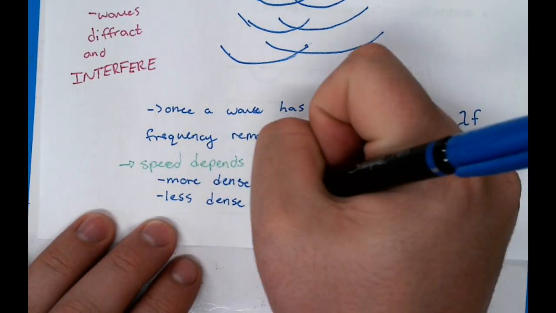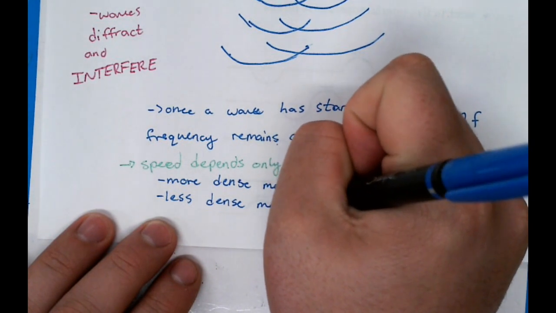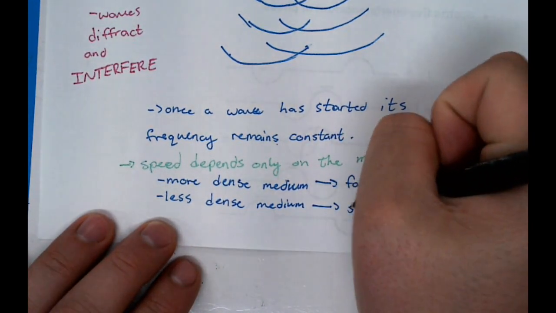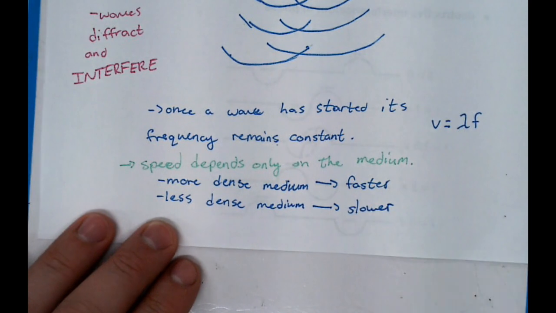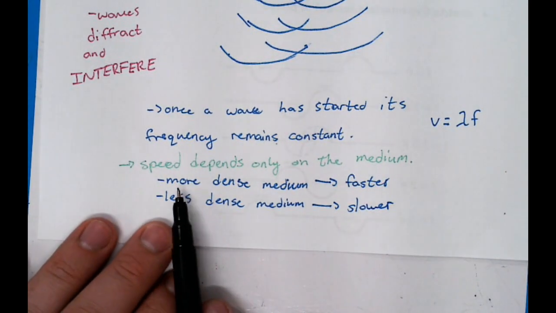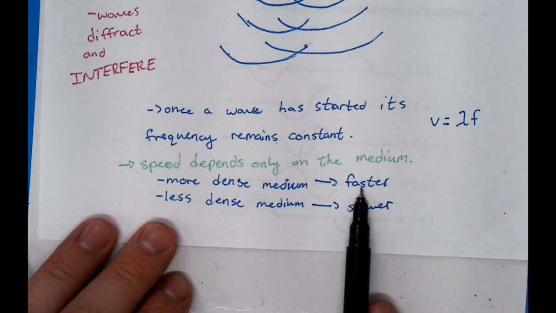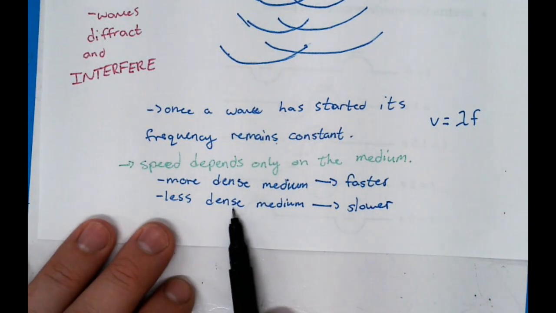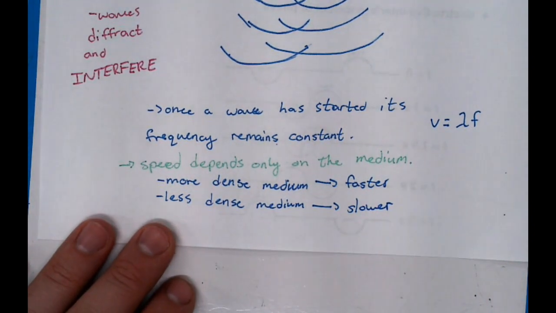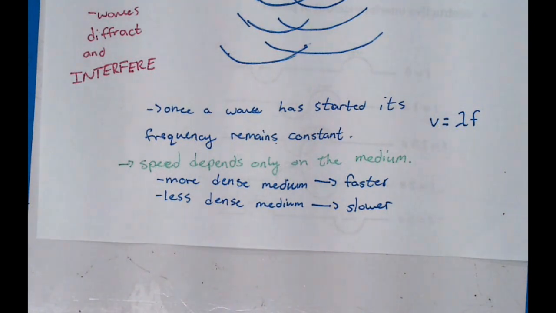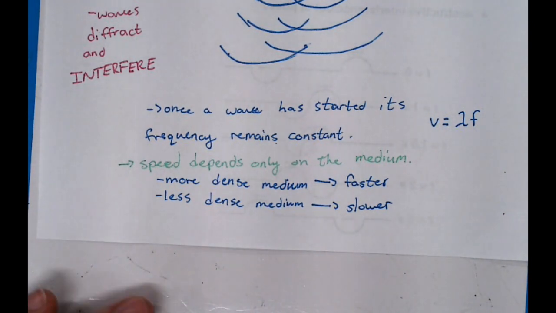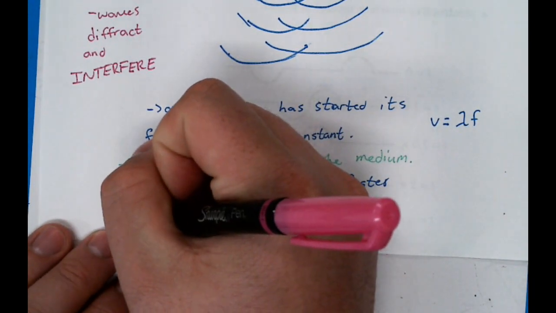Alright, a more dense medium is going to increase your velocity. A less dense medium is going to decrease your velocity. Same frequency. Your speed changes whether you're going through air or water or oil or whatever else. And your wavelength is going to change as well.